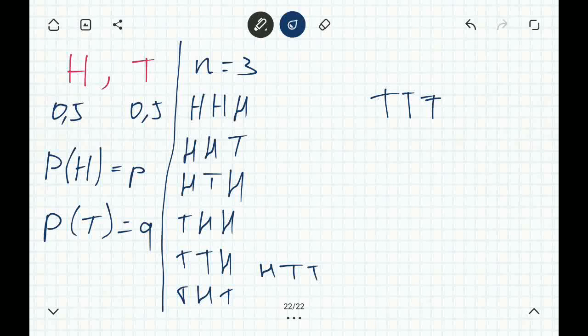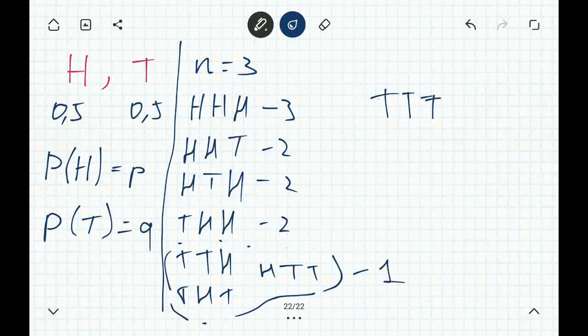So we have a random variable which can be either heads or tails and so on, but we can introduce a new random variable. So let me count the number of heads in different outcomes. So here I have 3 heads, 2 heads, 2 heads, 2 heads, and for all 3 of these I have only 1 head, and here I have 0 heads.